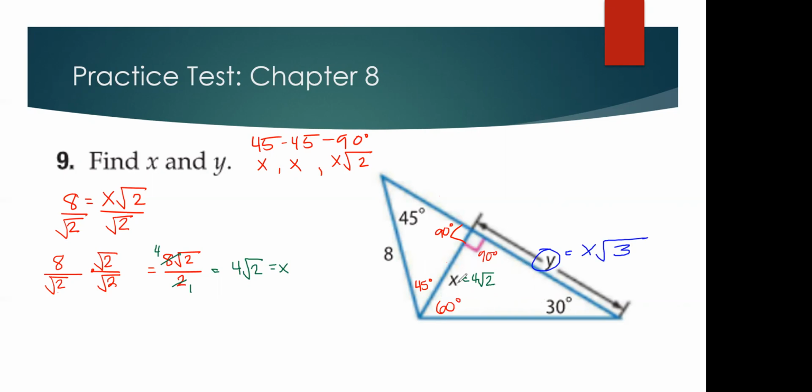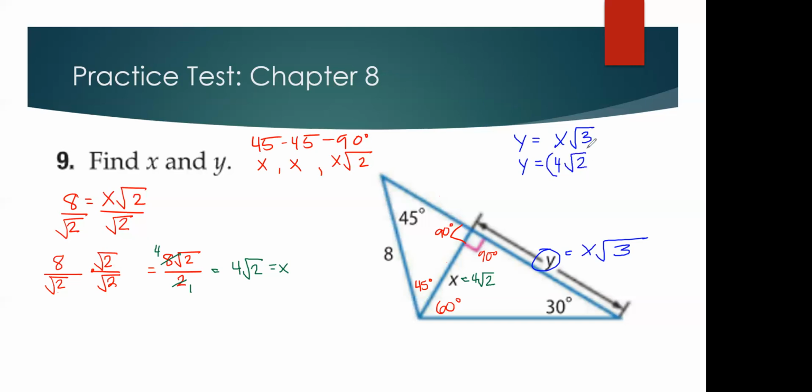Okay, and we know the side opposite of the 30-degree angle, that is x. Okay, so to solve for y, the relationship is x times the square root of 3, and we know that x is equal to 4 times the square root of 2.